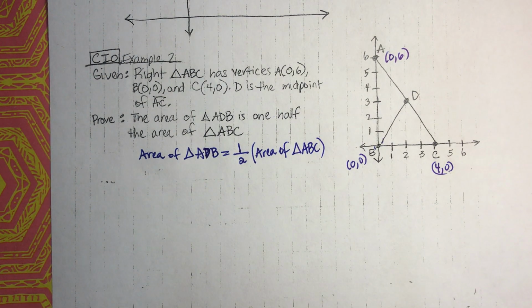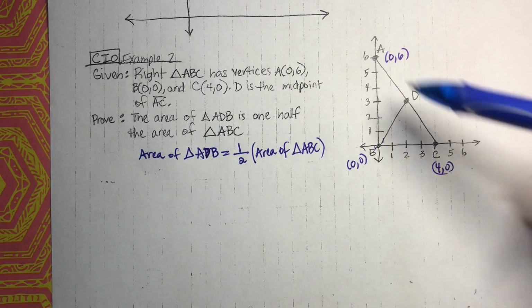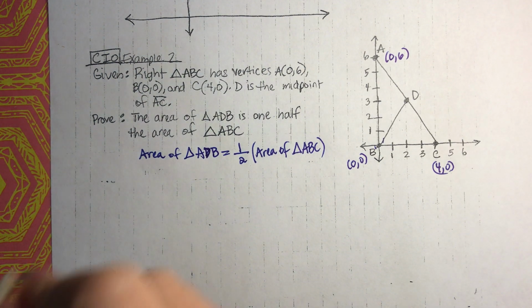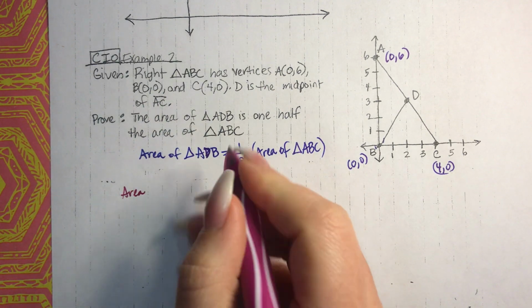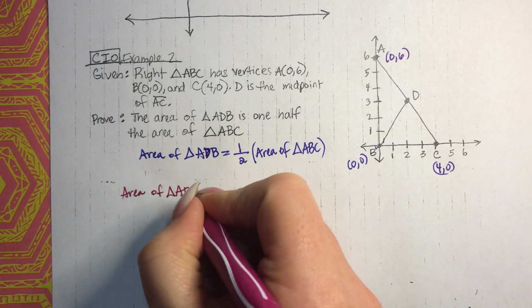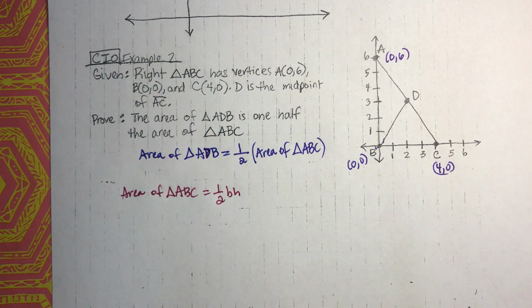So that's what we have to determine. To determine that, we have to figure out, well, what is the area of ABC? And since it's a triangle, you're going to use 1/2 base times height. That's the area for a triangle.